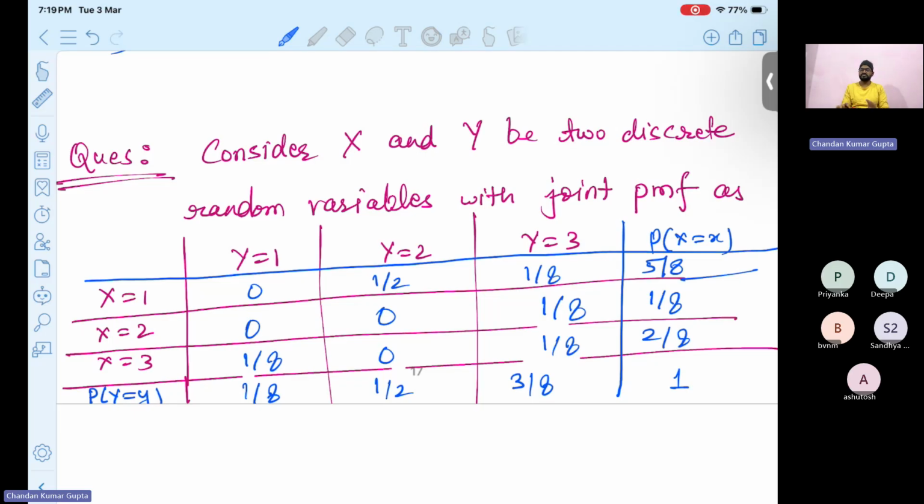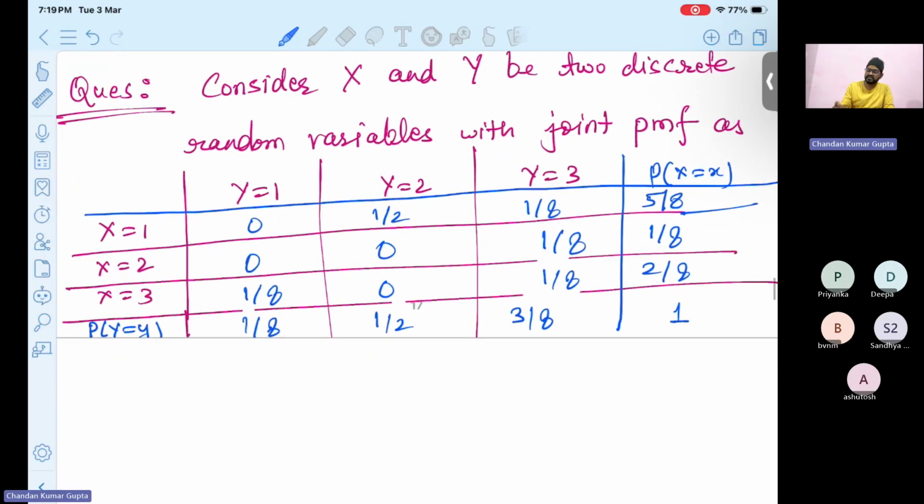So yes, it is a valid PMF. Now the question is to find the covariance between the random variables X and Y.